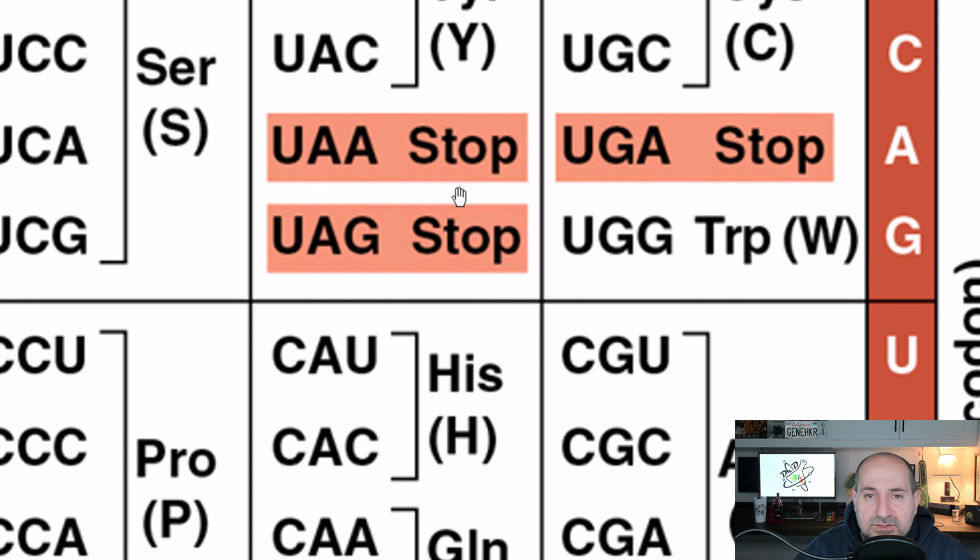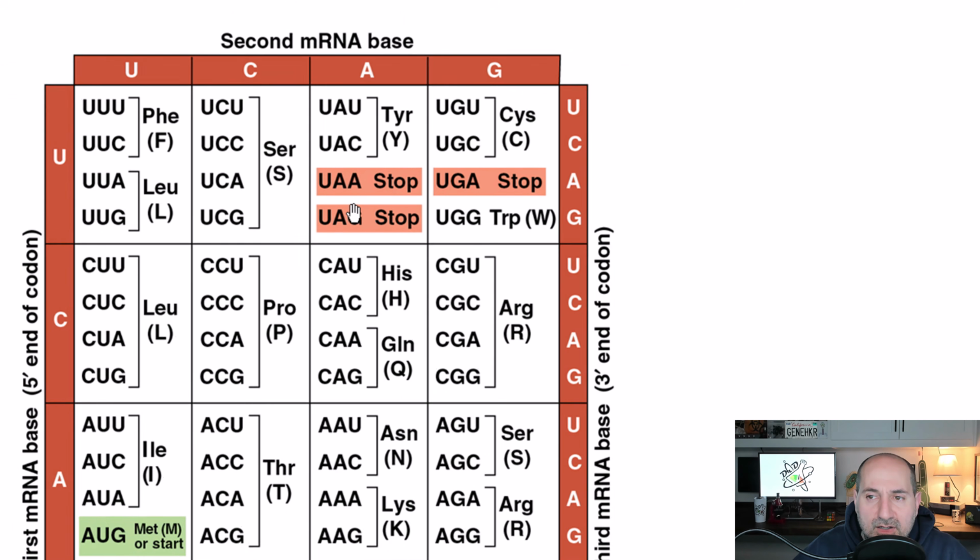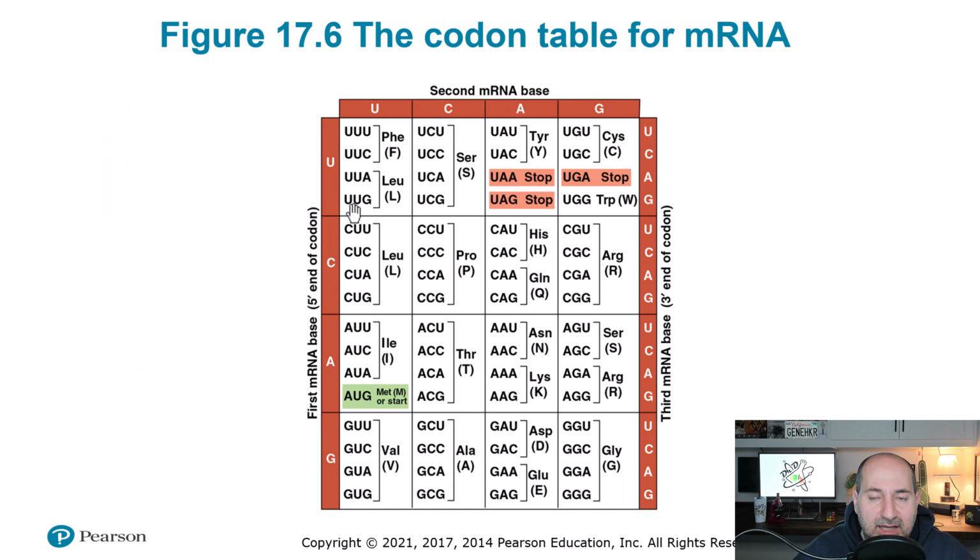And by the way, these stop codons appear before the very far 3' end of the mRNA. So there are regions that are not translated at the 5' end of the mRNA, and there are regions that are not translated at the 3' end of the mRNA.